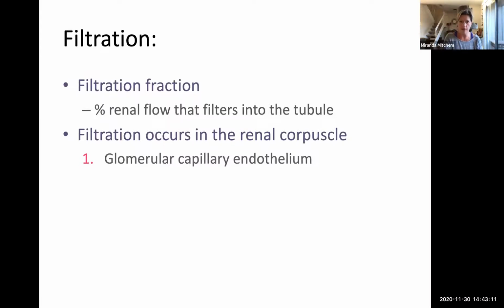So that's one layer of filtration, let's call it a filtration barrier that has to be overcome. The kidney, the nephrons, the vessels have the fenestrated capillaries, which are those bigger pores. So that's helpful.